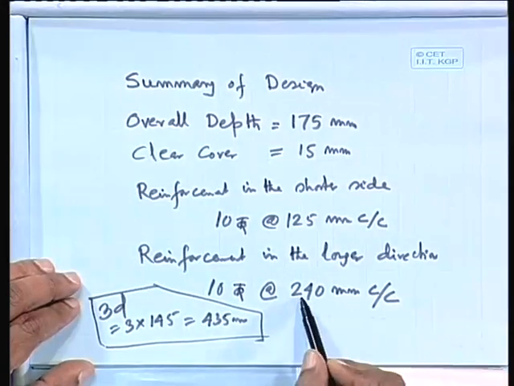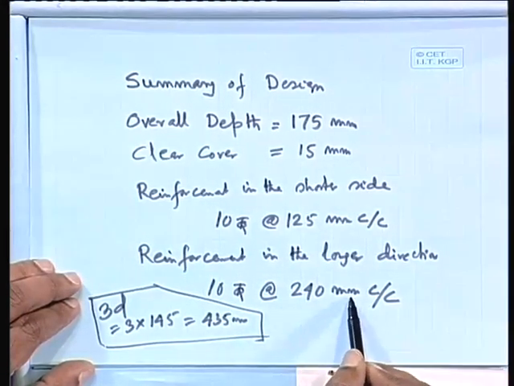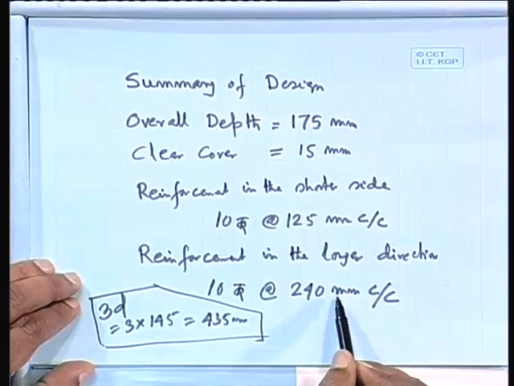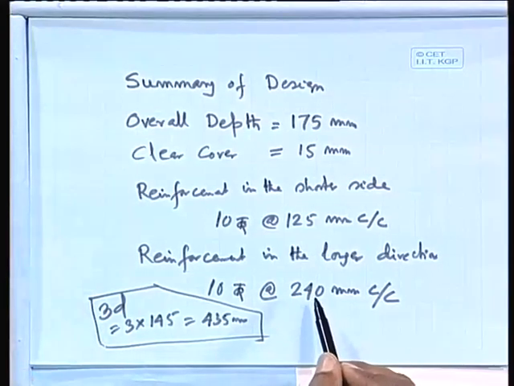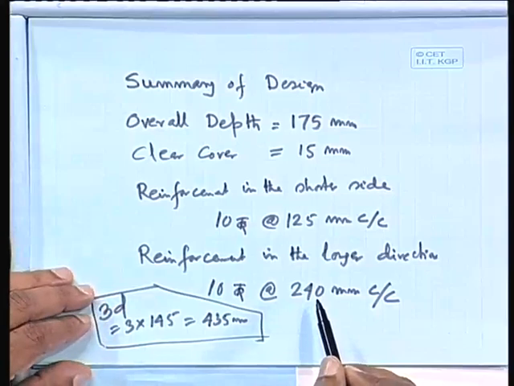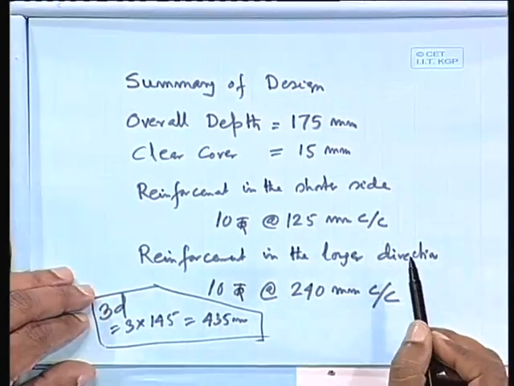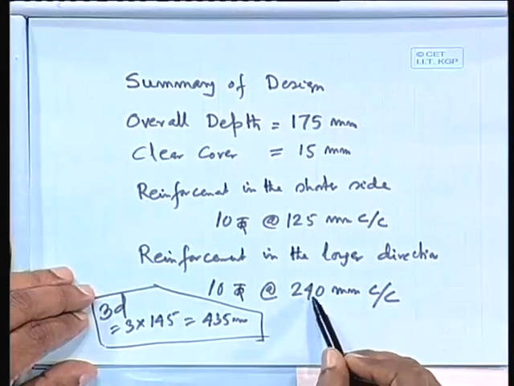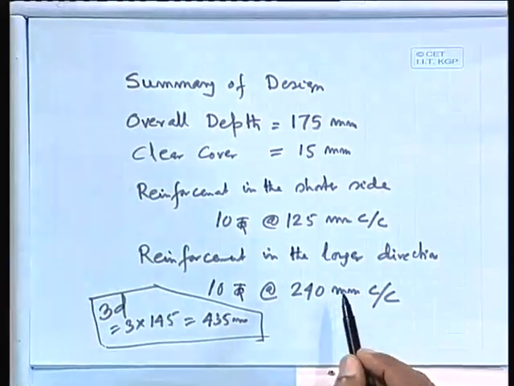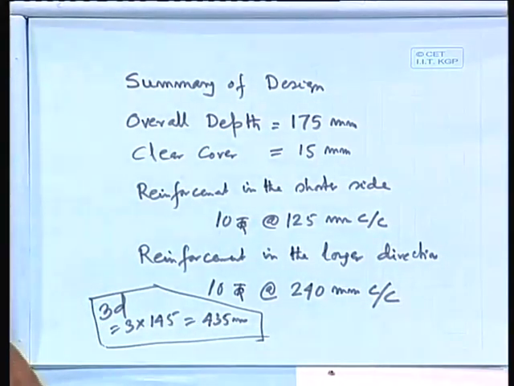As per IS 456, the spacing should not be more than 3 times the effective depth. Here we have 240, and 3D means here 435.